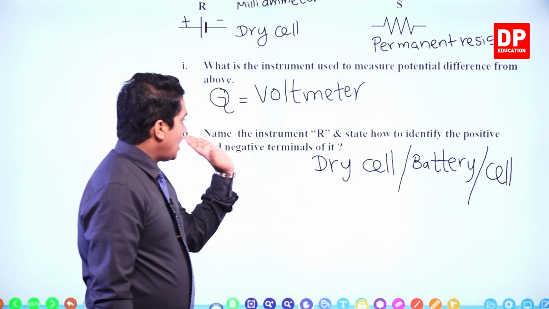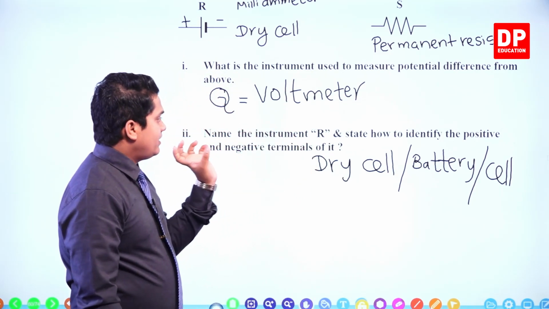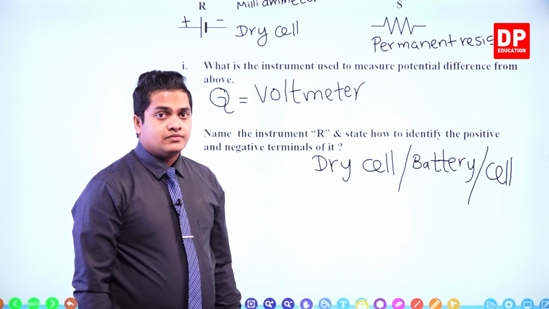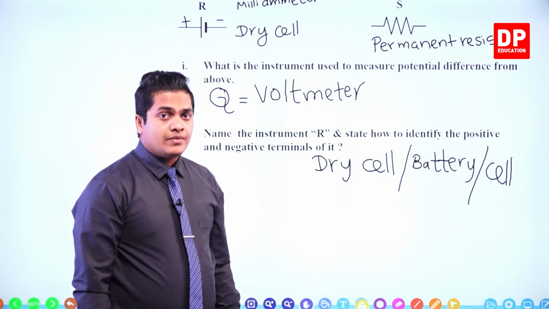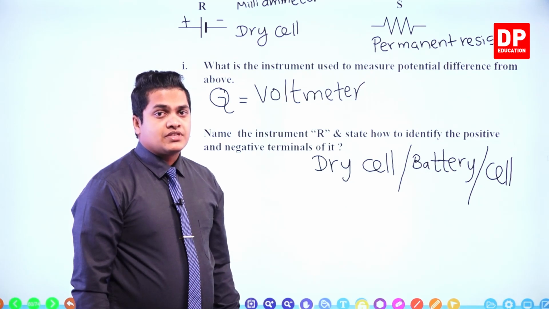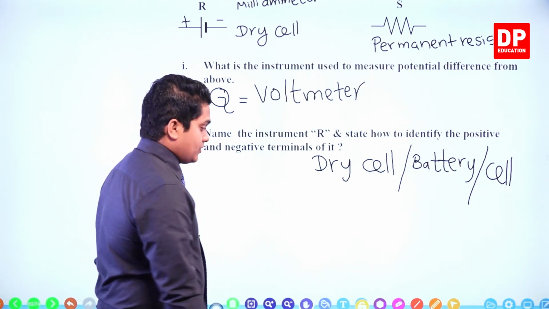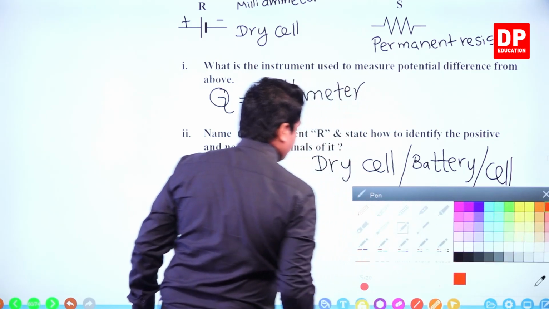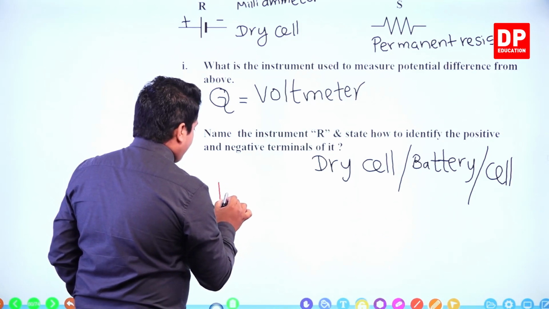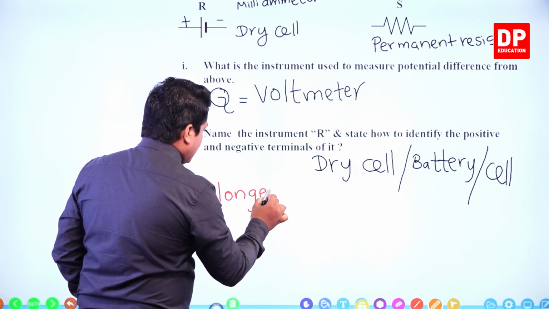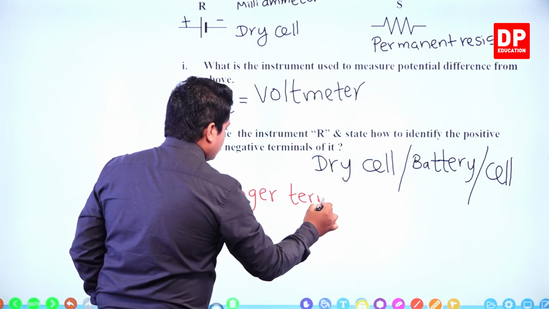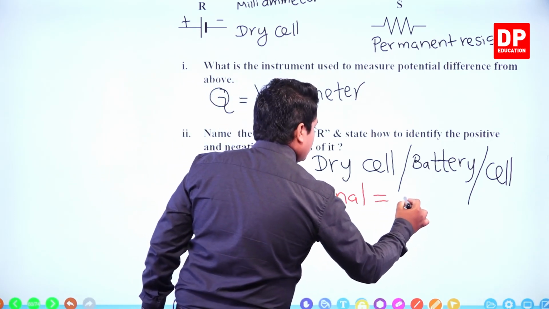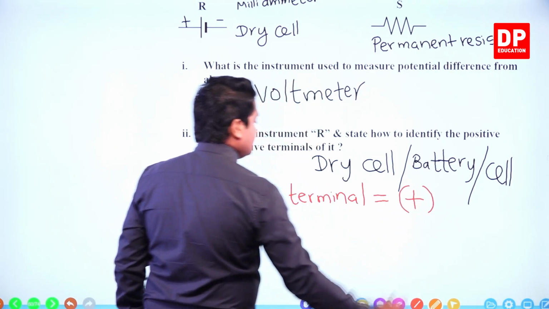So how can we identify the positive and negative terminals? By using the symbol, or the length of the two terminals. So we can write: longer terminal, it is the positive terminal.